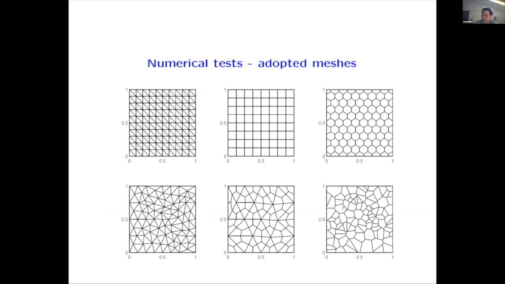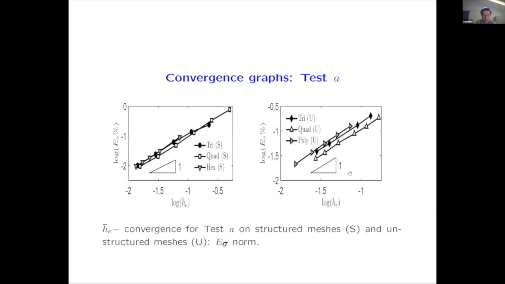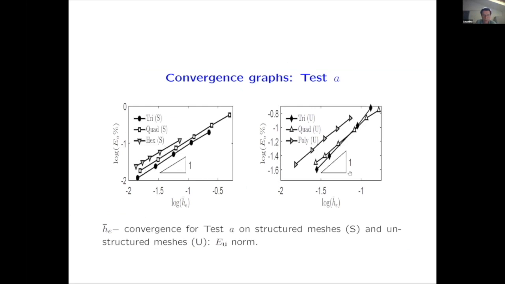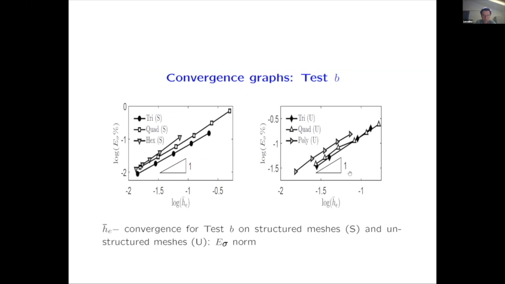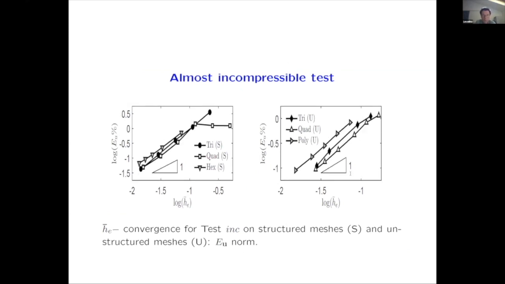Okay, so let us come quickly to some numerical tests. These are just the meshes adopted in 2D. We have considered a couple of problems, and here you see, say, the convergence history of the method, and everything is good. Okay, also for test B, also for the incompressible test case, there's nothing bad, I would say.